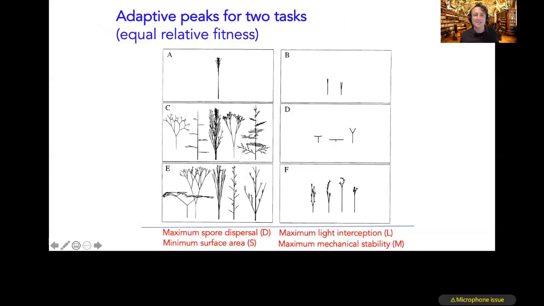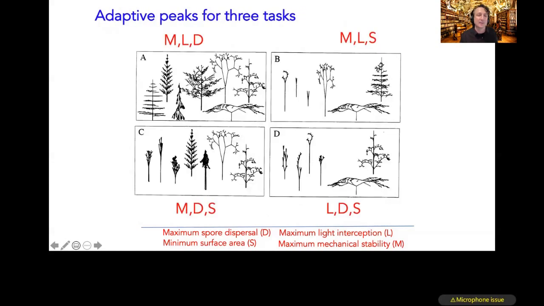Maybe as in the case of C, these are phenotypes that do well for maybe two of those different tasks together. So if we start selecting for more than one task and ask what those phenotypes are that do best for those two tasks, we start to get a little bit more diversity in terms of these differing tasks.